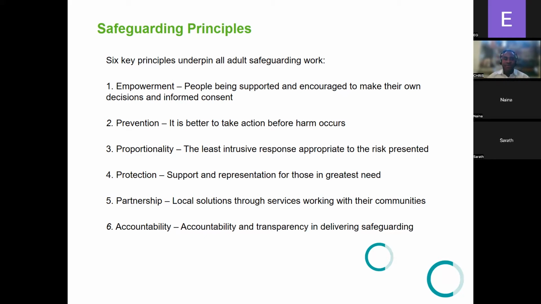Then we have protection. Number 4 is protection, where there is support and representation for those in greatest need. So for these adults, these elderly people, we have to make sure there is maximum support for them, and there is representation. When we talk about representation, we are talking about advocacy.